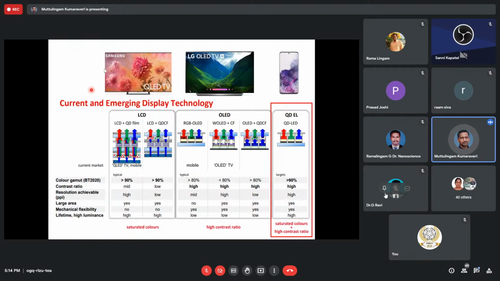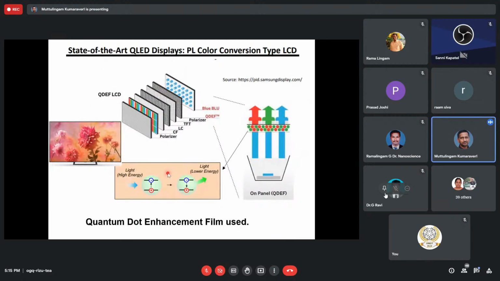For saturated colors, because we are using the QD color filter, we can do it easily. But for contrast ratio, OLED TV gives more contrast ratio, though saturation is still not possible. If we make devices with QD-EL, saturated colors and high contrast ratio are both possible. I'm repeating this one.